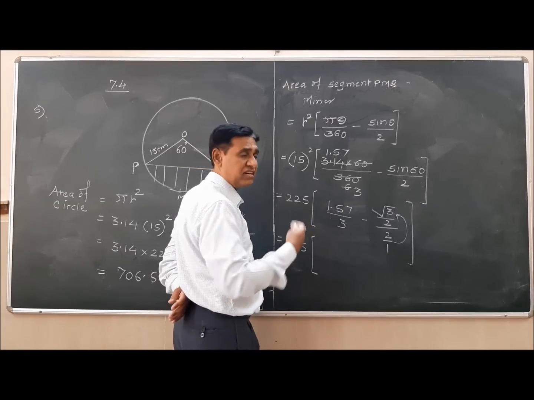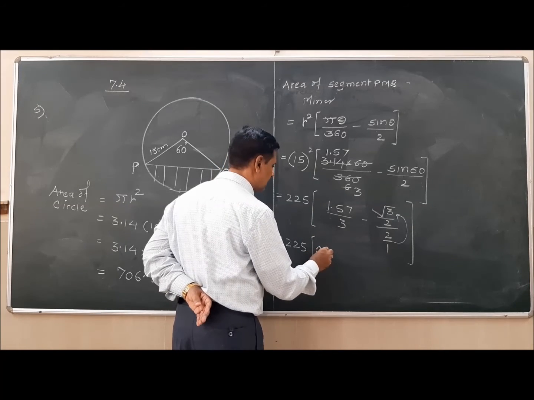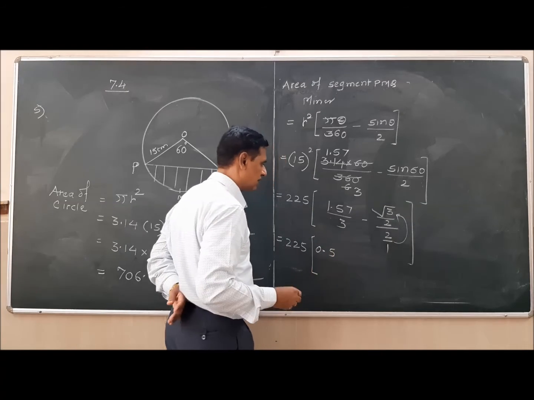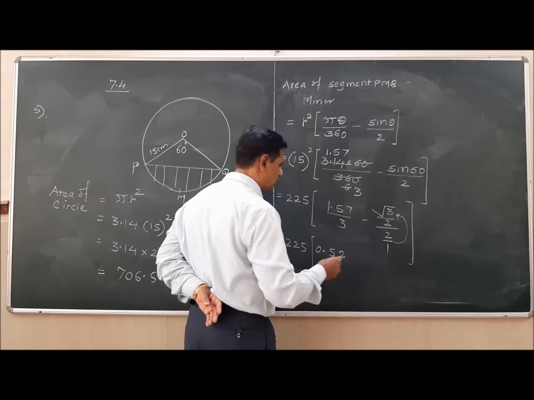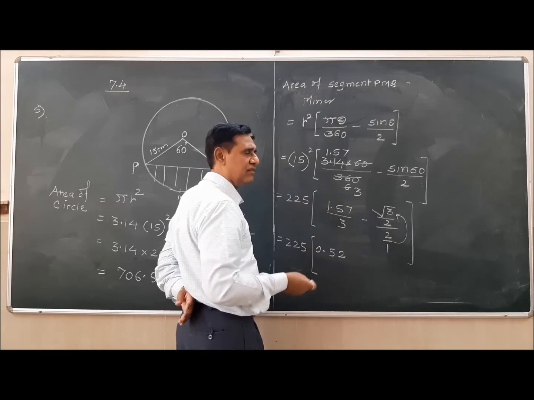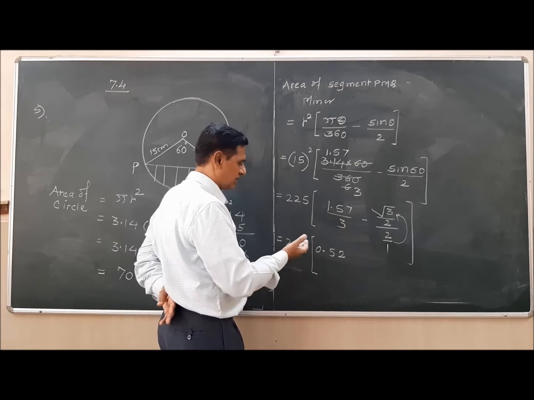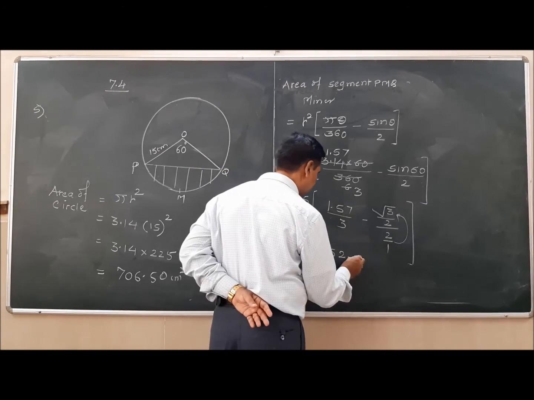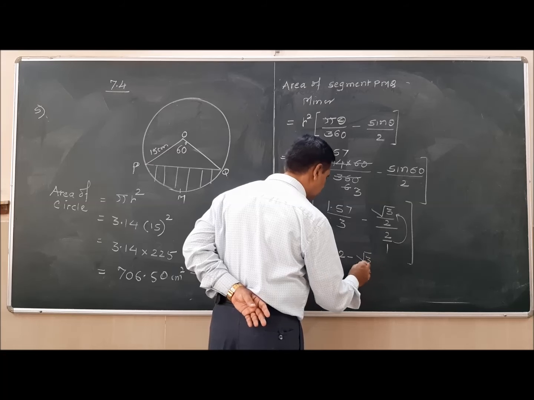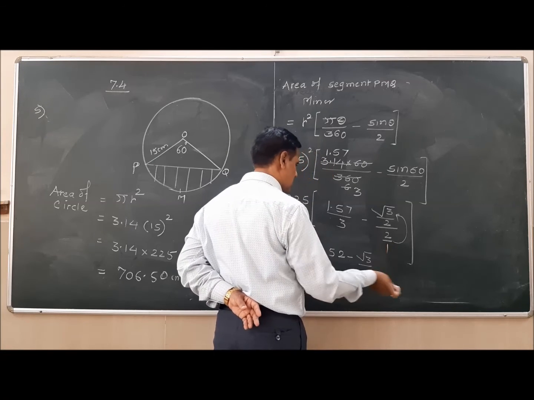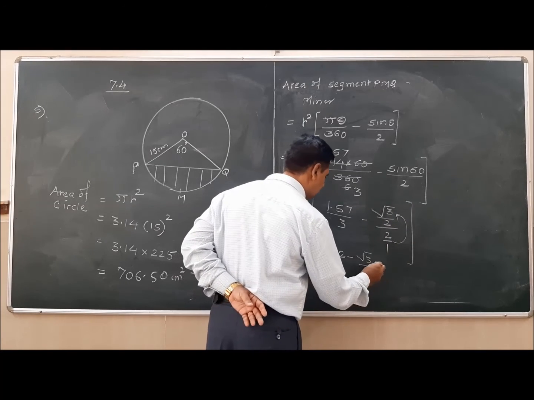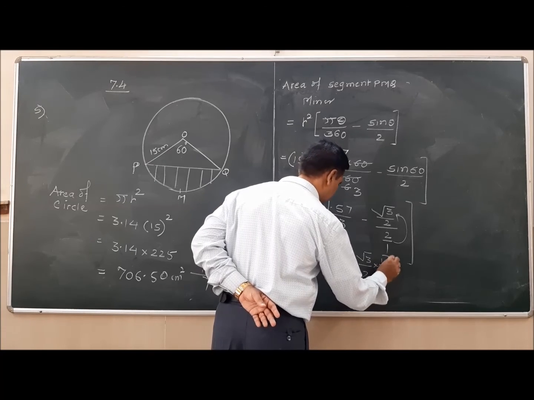If I divide 1.57 by 3, I will get 0.52. Now root 3 by 2, divided by 2, gives root 3 upon 4.